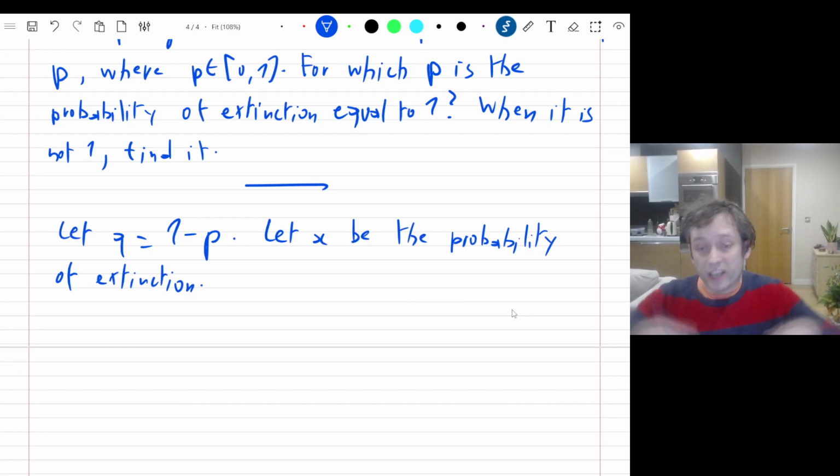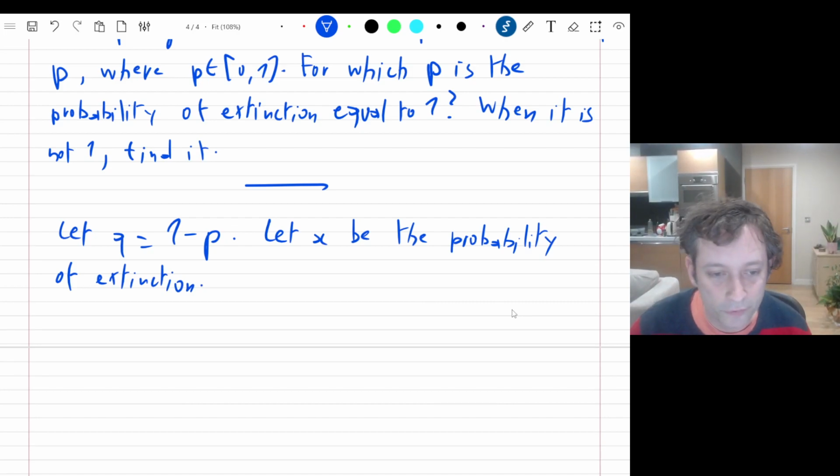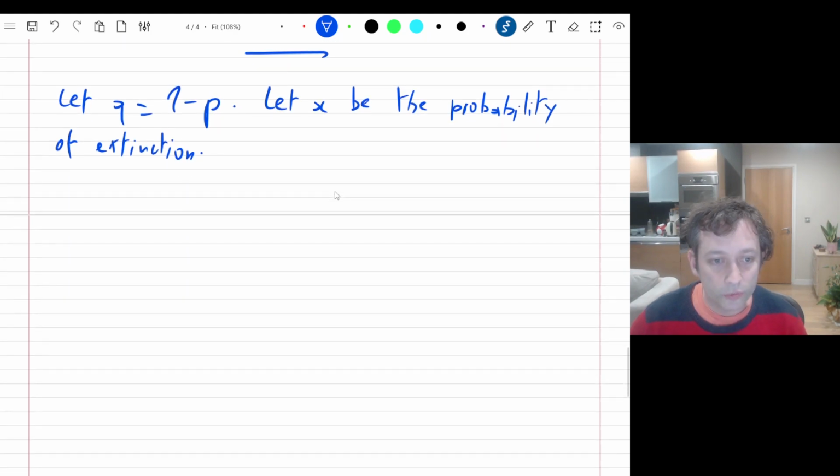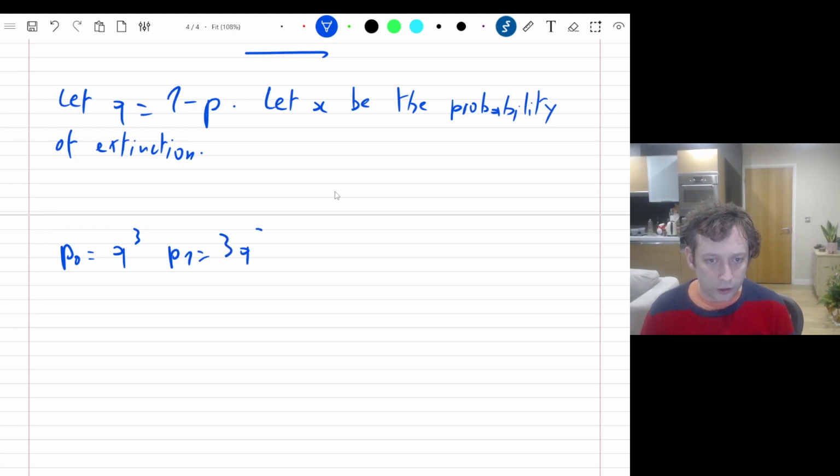And x is fine, or s if you want, any letter, of course, will do fine. So we know the offspring distribution. It's binomial with parameter p. So we know that p0 is q cubed, p1 is 3q squared p, p2 is 3p squared q, and p3 is p cubed. That's the binomial probability distribution.